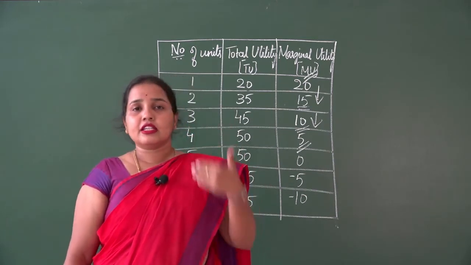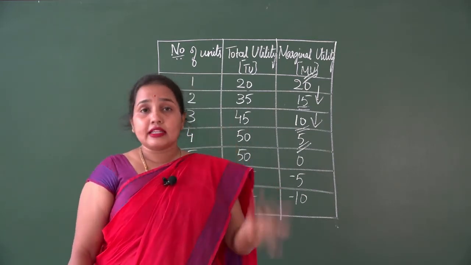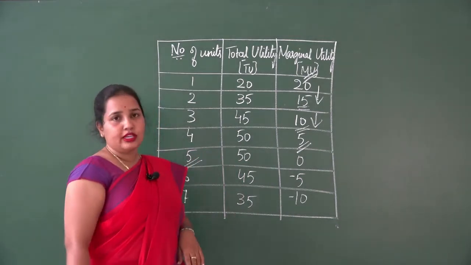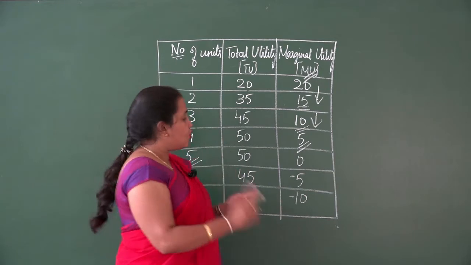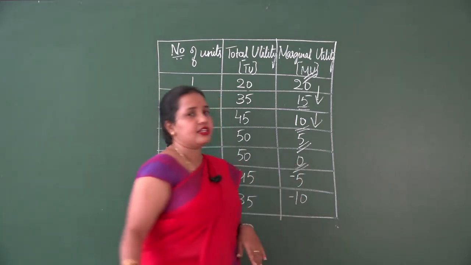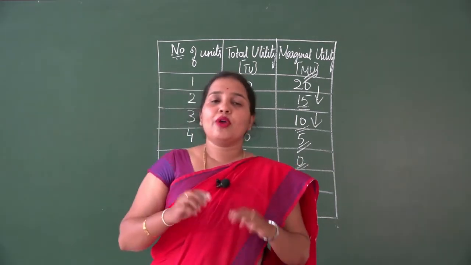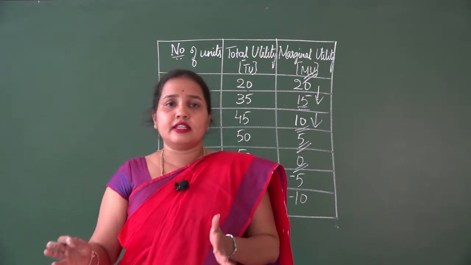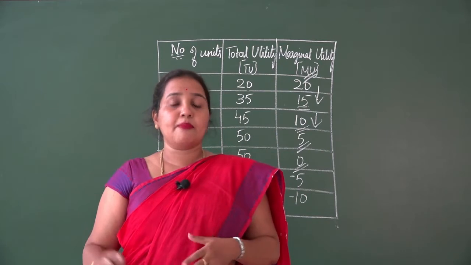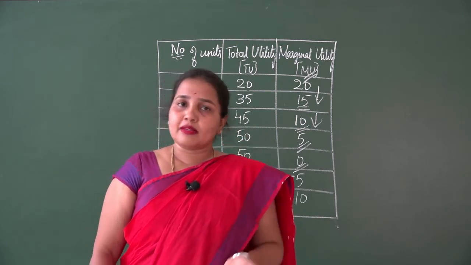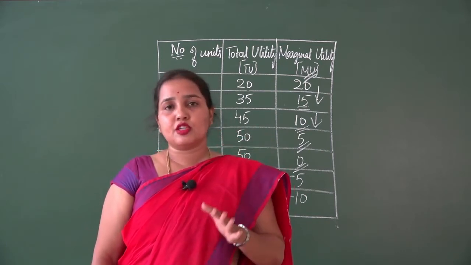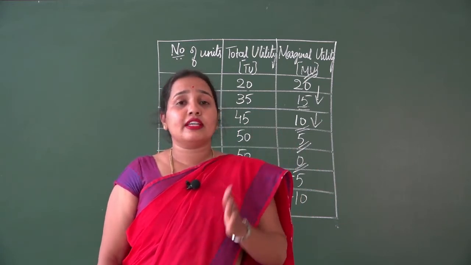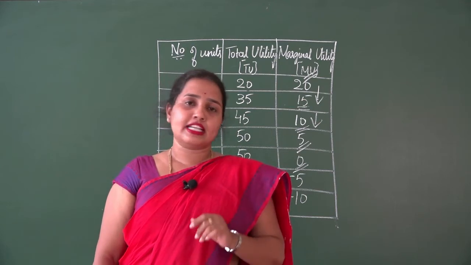Again, when he continues to consume the fifth unit, he gets no satisfaction, that is, the satisfaction level will be 0. When the consumption of a commodity is done continuously without any time gap, the utility not only diminishes, it becomes 0. He does not derive any satisfaction.